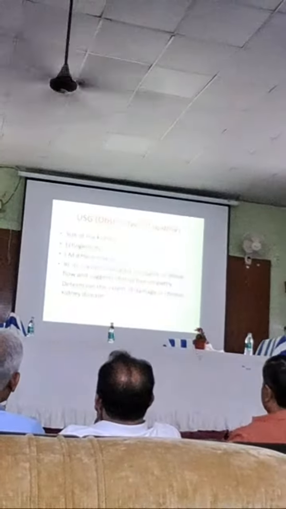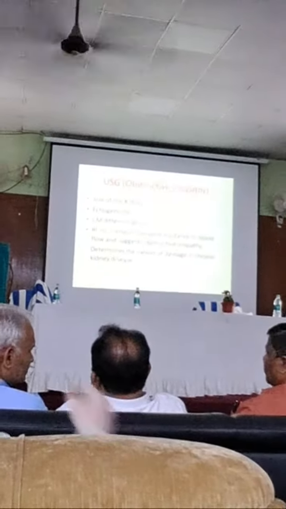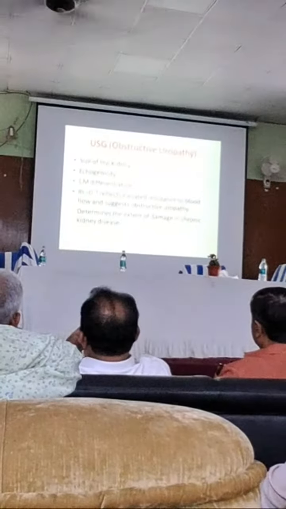However, that is the initial investigation, but it has the potential to diagnose the CKD patient. That is, it can diagnose chronic renal failure in a patient. How does it diagnose chronic renal failure? Because it gives the size of the kidney, echogenicity, corticomedullary differentiation, and the resistive index, which depends on the flow of blood in the renal patients.